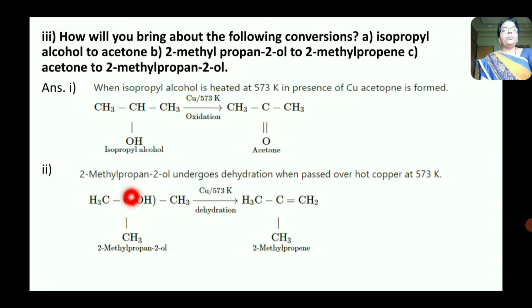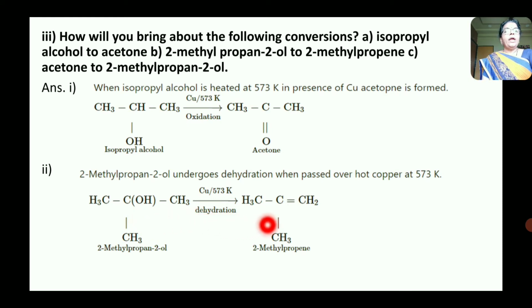Now here 2-methyl propan-2-ol is a tertiary alcohol, and when this tertiary alcohol is heated with copper at 573 Kelvin, it undergoes dehydration, that is removal of H2O, that is alpha beta elimination is carried out.